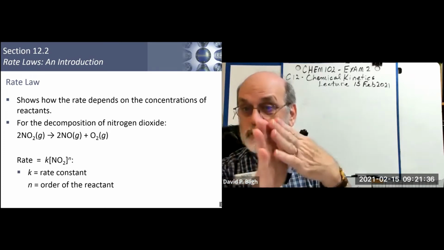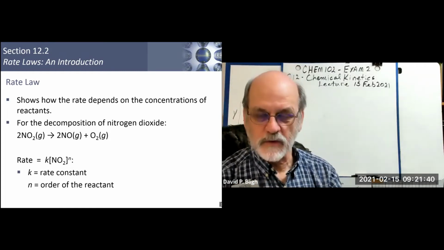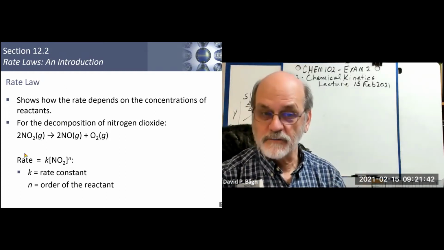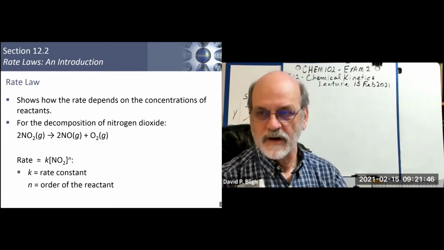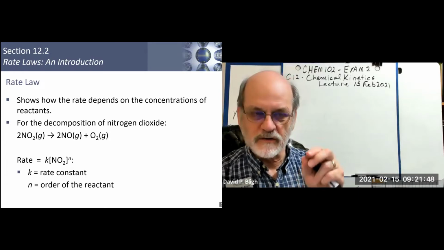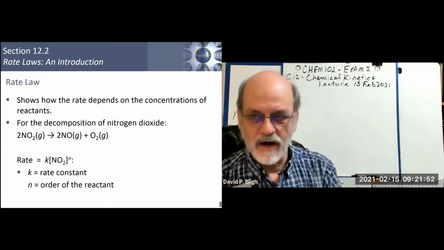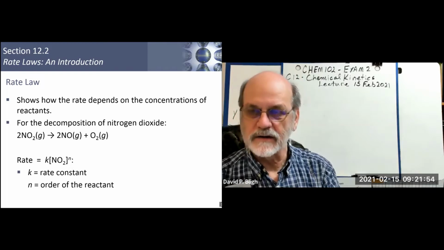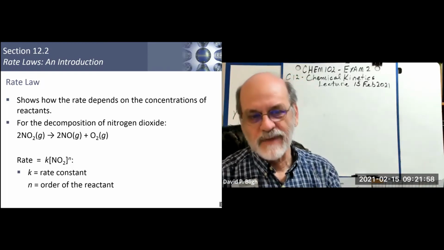Well, you'd lose the first part of your reaction. So that's one of the reasons we go for disappearance of a reactant, because there's usually a lot of it, measurable amounts. And then you can measure the disappearance of that more easily than you can the appearance of a product. The disappearance of a reactant is easier to measure.